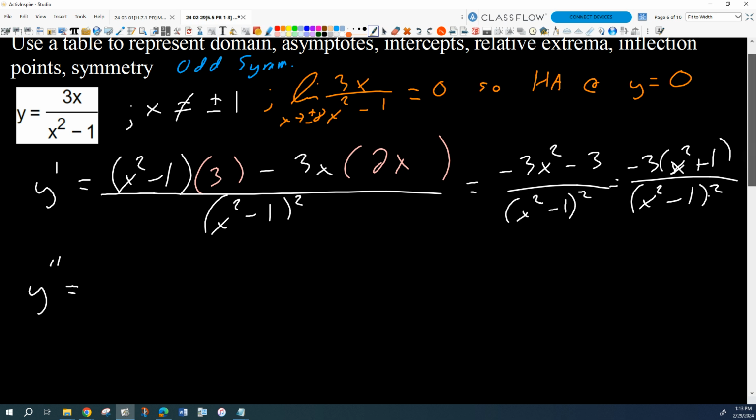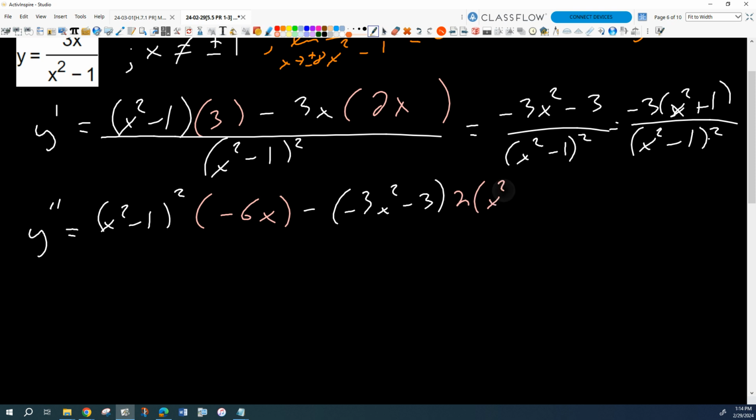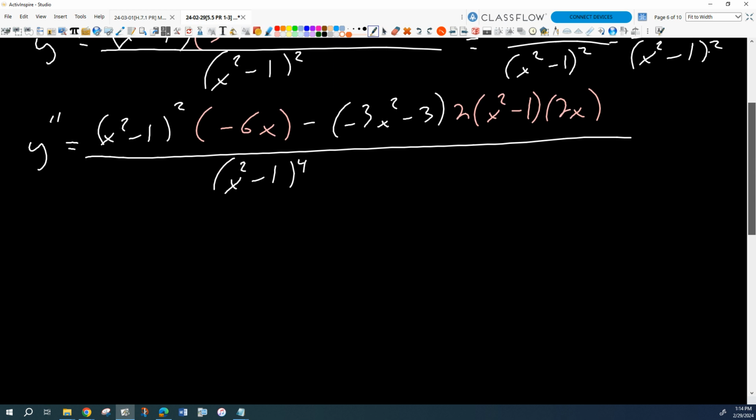X squared minus 1 quantity squared times negative 6x minus negative 3x squared minus 3 times 2 times x squared minus 1 times 2x, over x squared minus 1 quantity to the fourth.